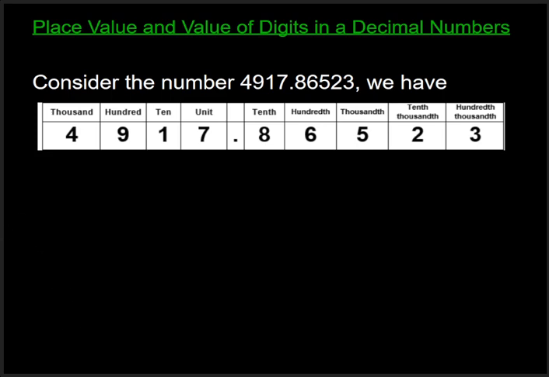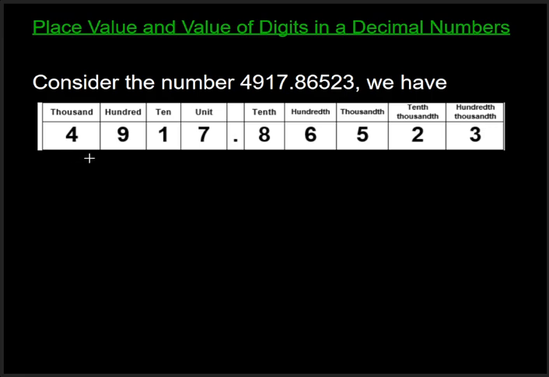Okay, let's see. Consider the number 4917.86523. So what do we have there? Now, we said that a decimal number has two parts, the whole number part and the fractional part.